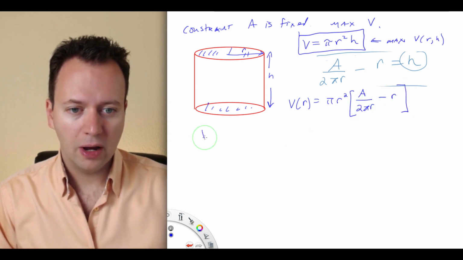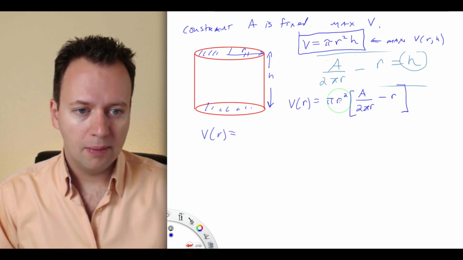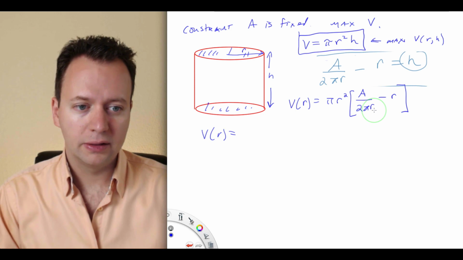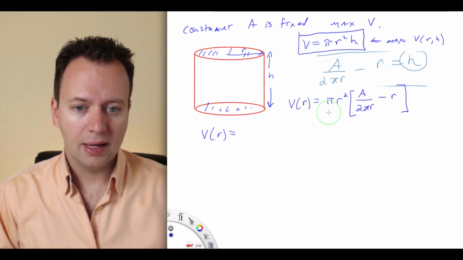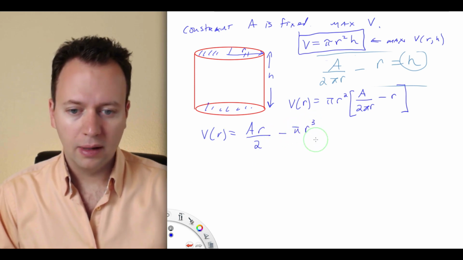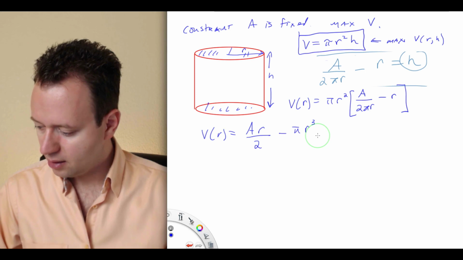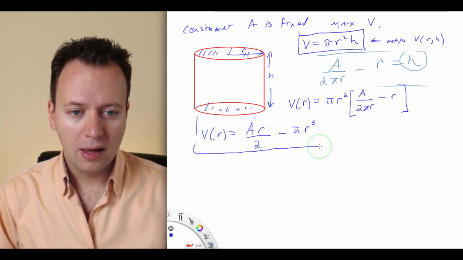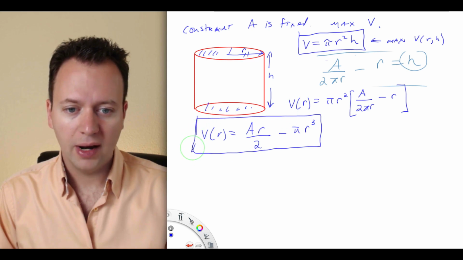So in the volume equation, pi over pi cancels, r squared over r is just r. So we get a r over 2 minus pi r cubed. So that is the equation for the volume solely as a function of the radius.